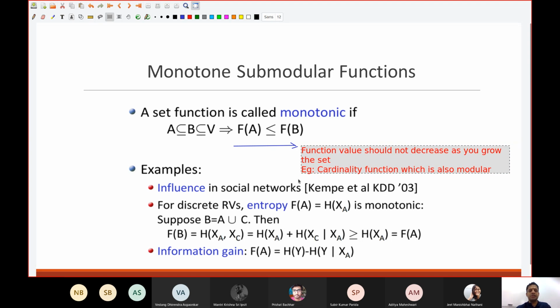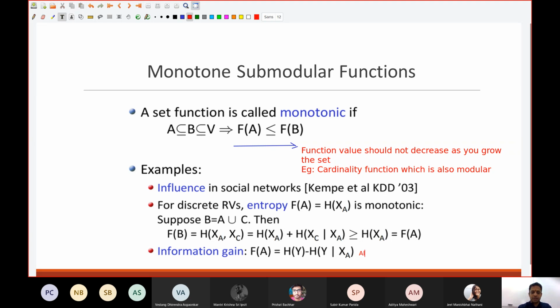Many other examples: influence on social networks, entropy. As you grow the index set for the random variables, the function is monotone. In fact, it also turns out to be submodular, discrete entropy. Information gain is an example of a monotone function. We'll see whether it's submodular or not, or under what conditions it's submodular.